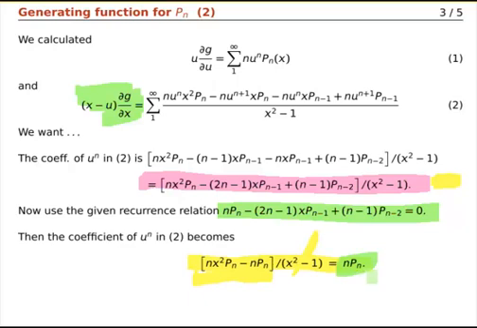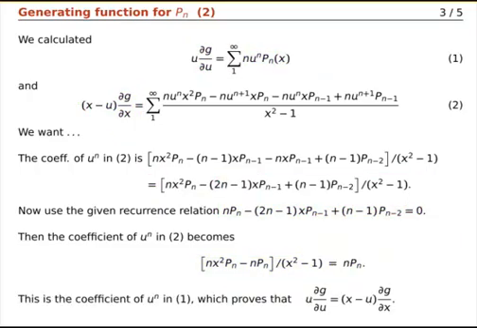And that's exactly what we need, because the coefficient of u to the n here is also equal to n p_n. So we have found that dg by du equals x minus u dg by dx, and we've completed the first part of the problem. We've shown that the function of two variables g satisfies this partial differential equation.